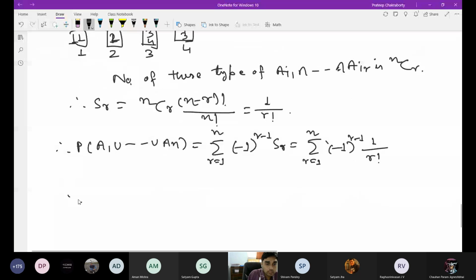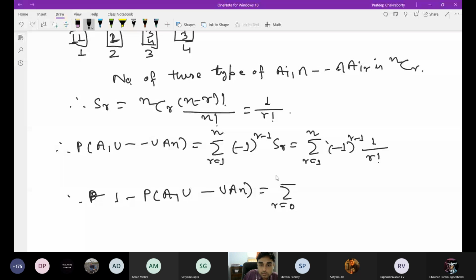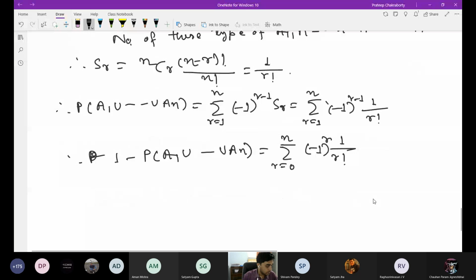So that probability, so 1 minus P of A1 union An is, you can do this, I am doing it a little bit fast here, but you can check, the sum over r equal to 0 to n of minus 1 power r, 1 by r factorial. Okay, any questions here?